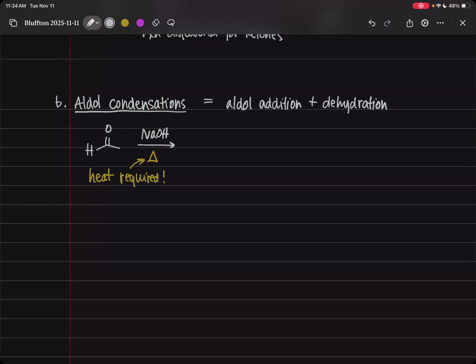First, we're going to get the aldol addition product. We'll do some more practice with predicting the products for this in a second, but we'll say that this is the aldol addition product, and I'm going to put it in a bracket because you can't actually isolate this product when you do the aldol condensation. If you add heat, I know that the term heat is kind of vague, and it depends exactly what constitutes enough heat to do the condensation versus the addition.